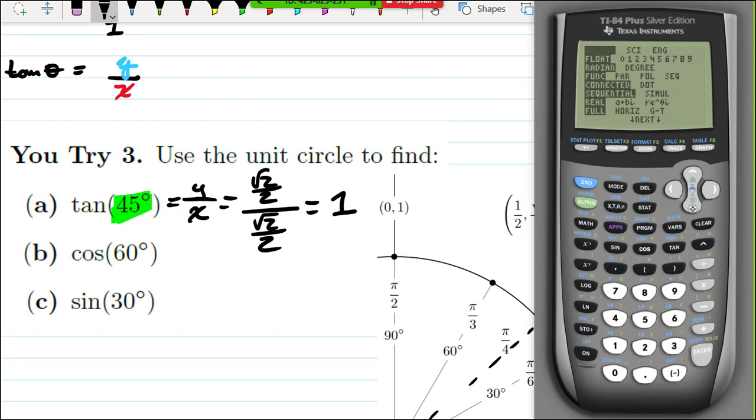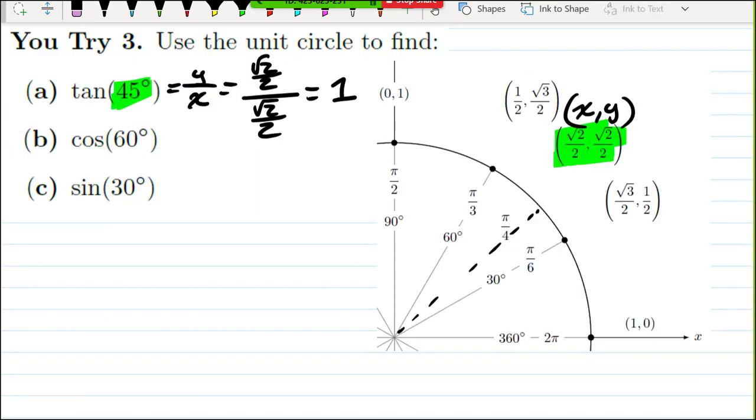We'll talk about radians later, but it's giving me the wrong value because I'm putting in 45 degrees, so I need to tell my calculator that I am using degrees, so I change to degree mode. Now if I go tangent of 45 degrees, my calculator gives me the correct value, which is 1. So we need to be a little bit careful when using our calculator to verify some of our solutions.